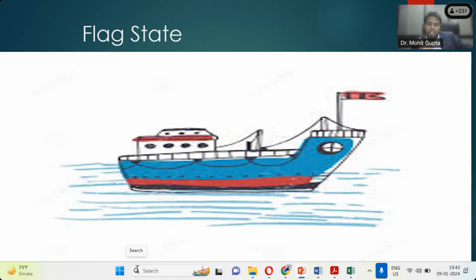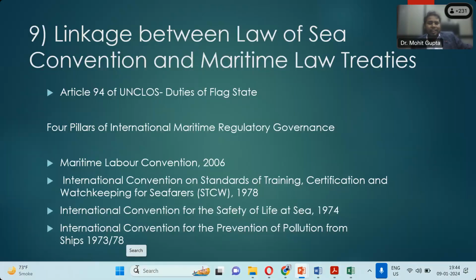The Law of the Sea Convention requires that every ship should have a flag. Every ship should be registered, and it should fly the flag of the country in which it is registered. Now, Article 94 says that it is the duty of the flag state to ensure decent working conditions on its ship.